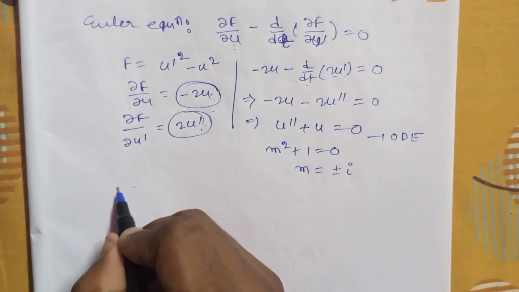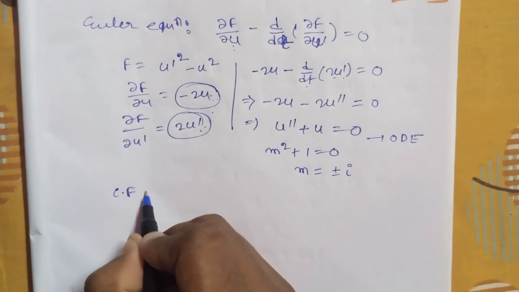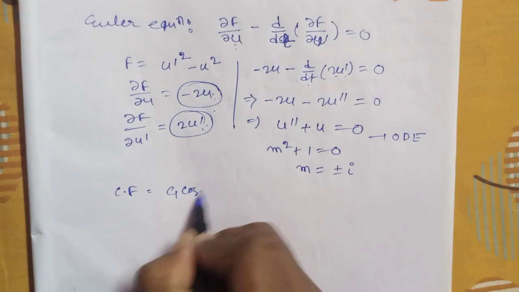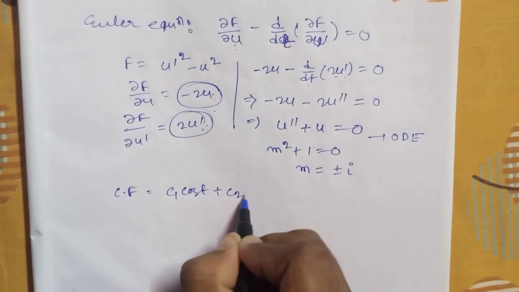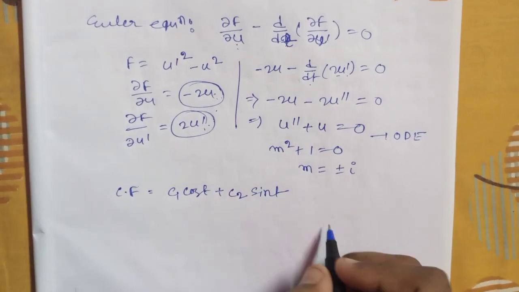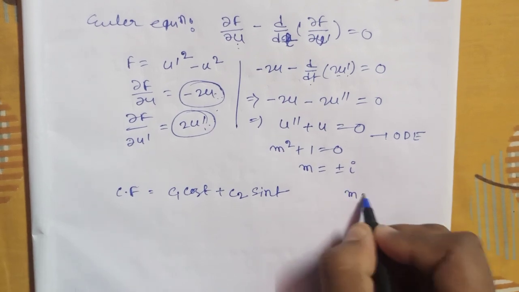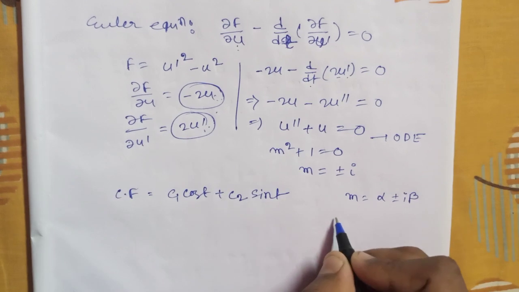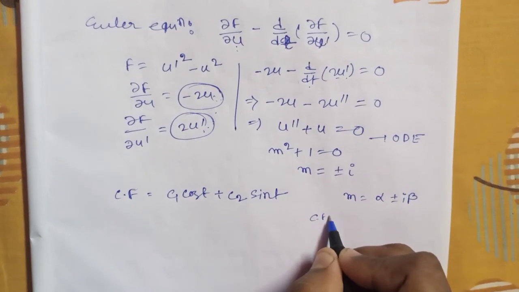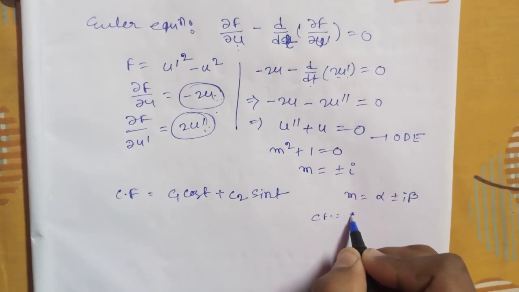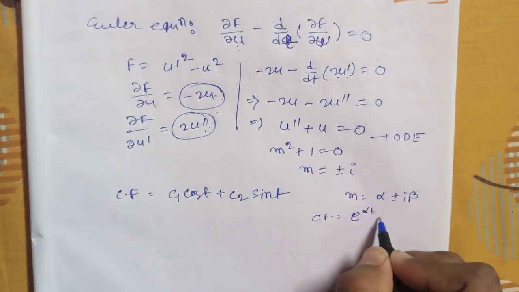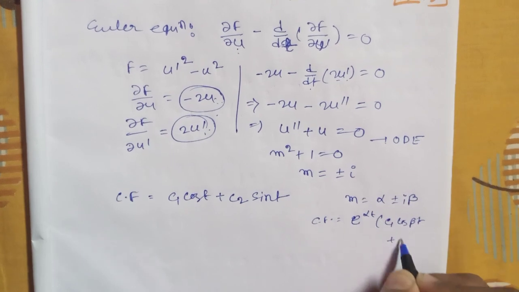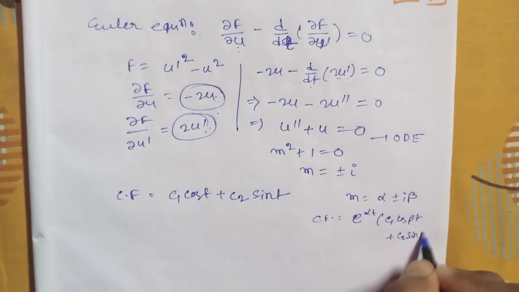So what will be CF? CF will be C1 cos t plus C2 sin t, right? Because we know that if the root is alpha plus minus i beta, then the CF will be e to the power of alpha t into (C1 cos beta t plus C2 sin beta t).